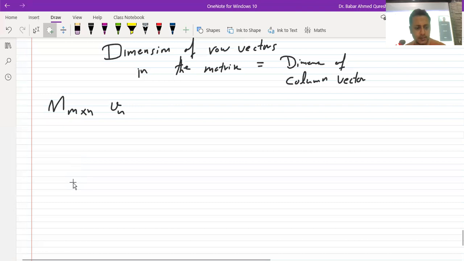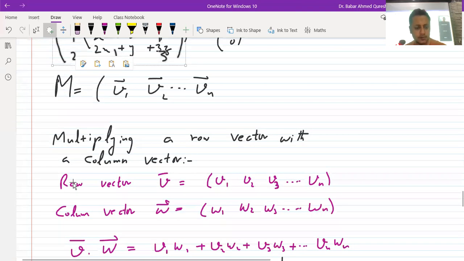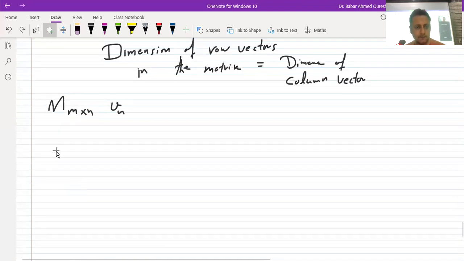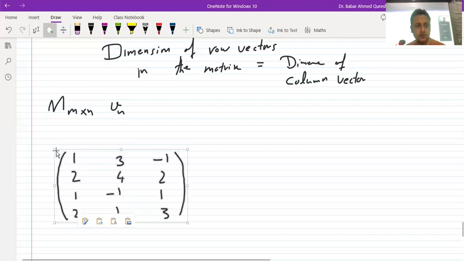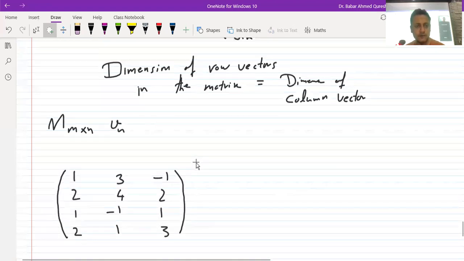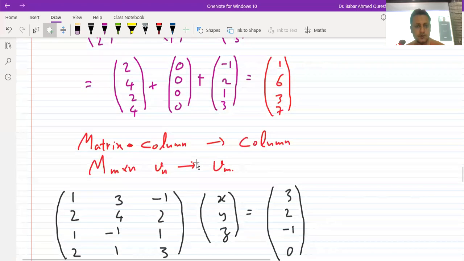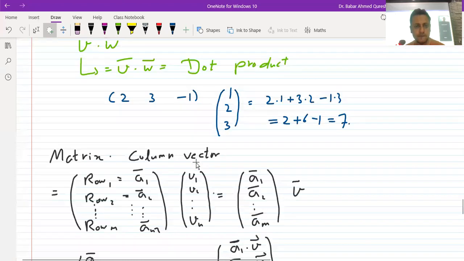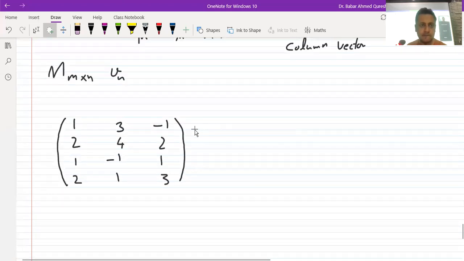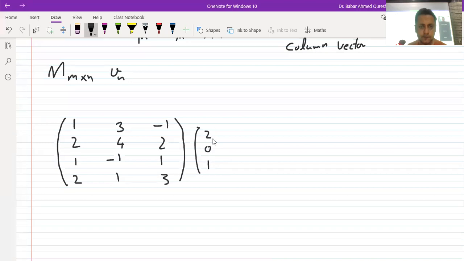So let's do that example again, but using this new way of thinking about it. Which column were we doing this with? 201. Now I'm not thinking in terms of the column vectors of the matrix.